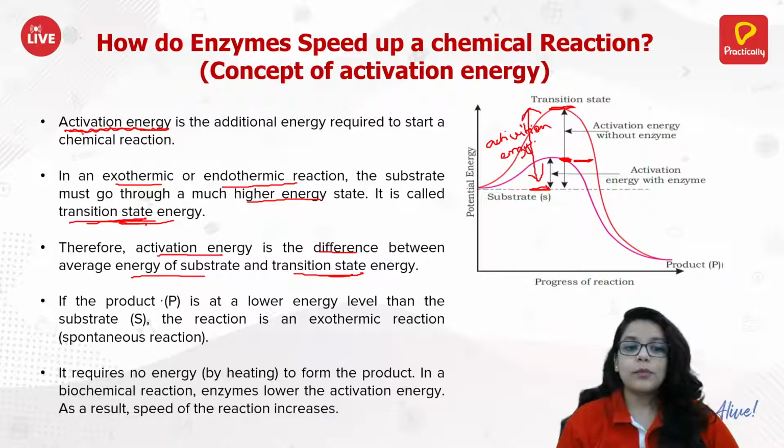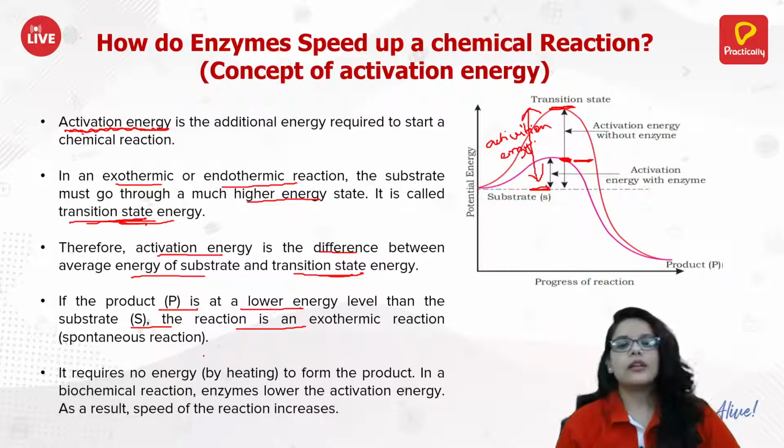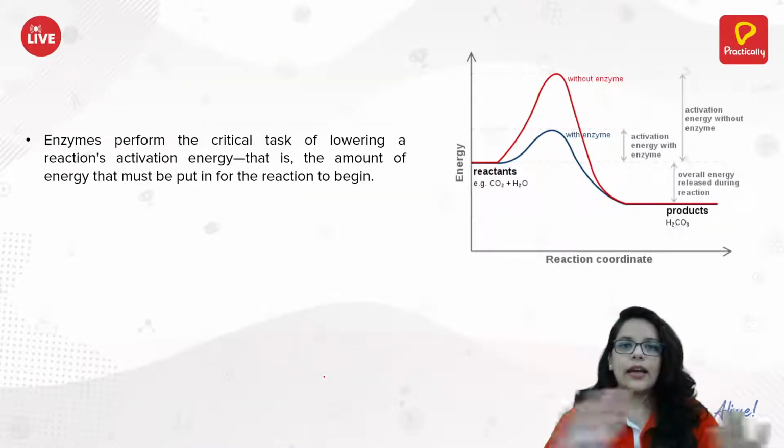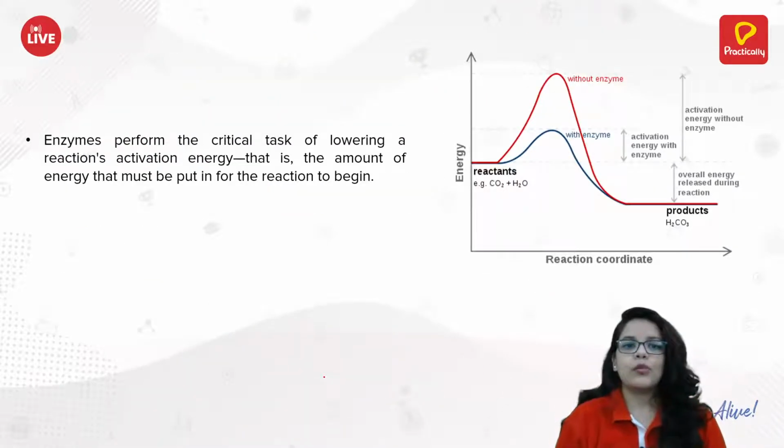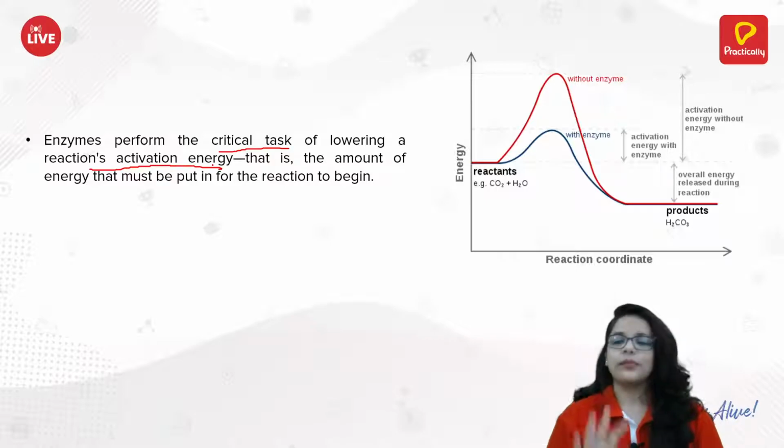If the product is at a lower energy level than the substrate, the reaction is exothermic, and it is just the opposite for an endothermic reaction. So leave all this, just understand this. What the enzyme does is perform the critical task of lowering the activation energy.